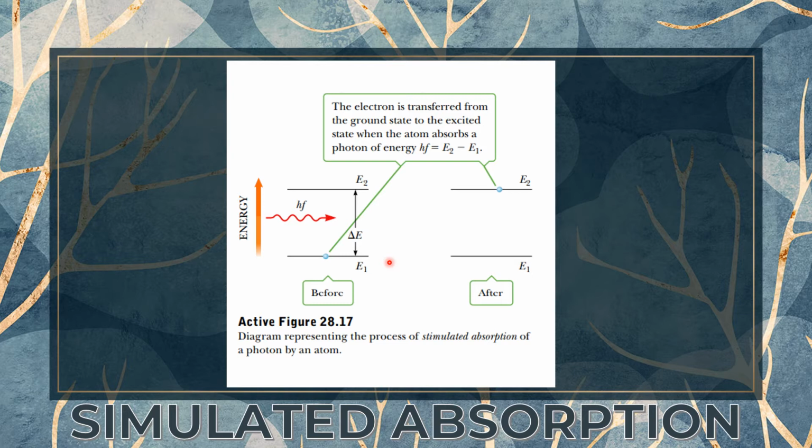During absorption, as you can see, an electron takes energy from an incoming photon, and the internal energy of the electron increases. Thus the electron is transferred from the ground state to the excited state when the atom absorbs a photon of energy hf = E2 - E1.